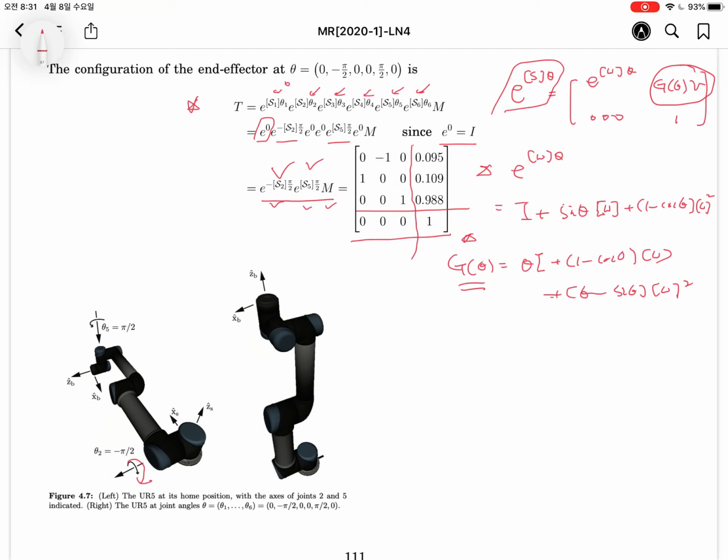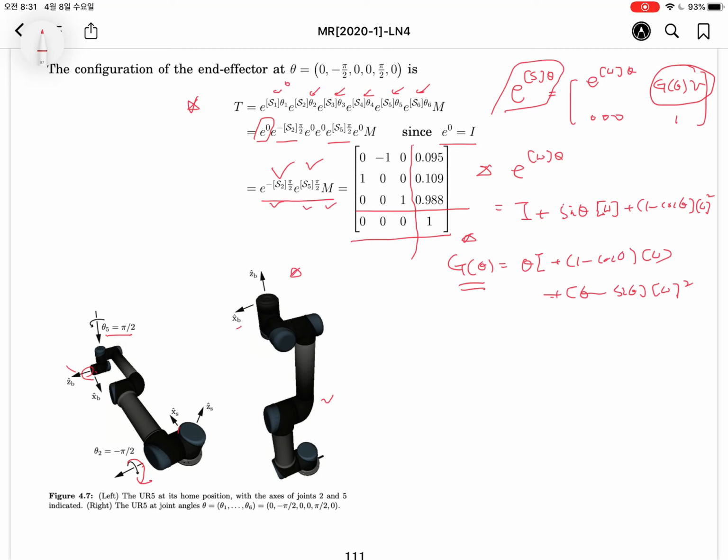Okay, the minus 90 degree movement will make the robot upright like this. And one more, the 90 degree of the theta 5 is applied, then this is also upright. So we have this configuration.